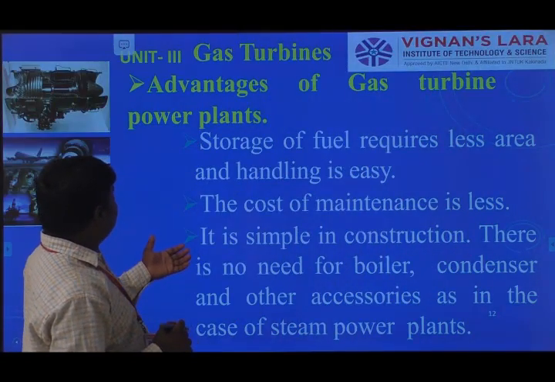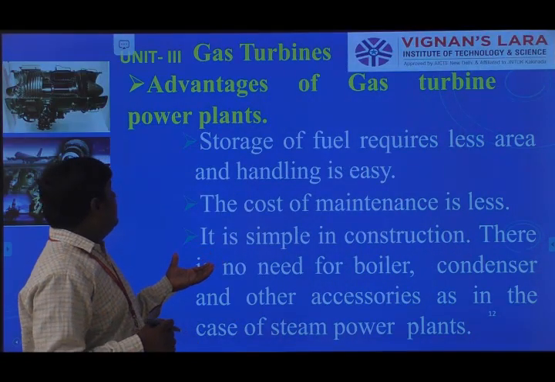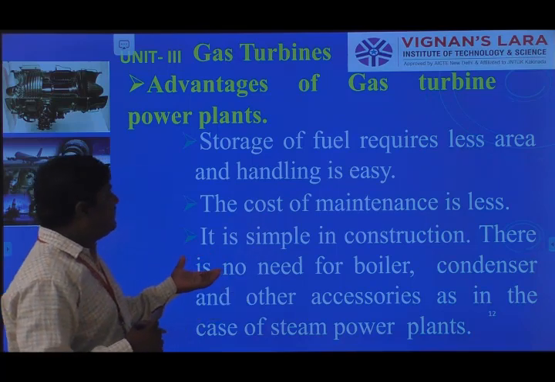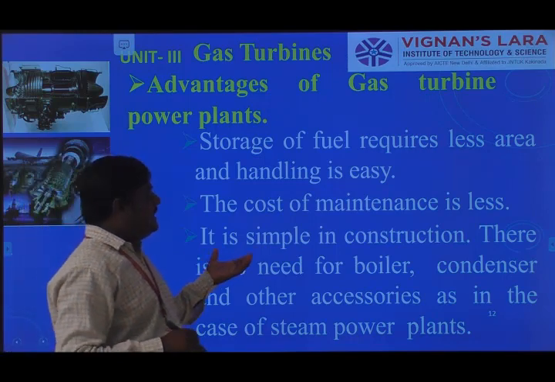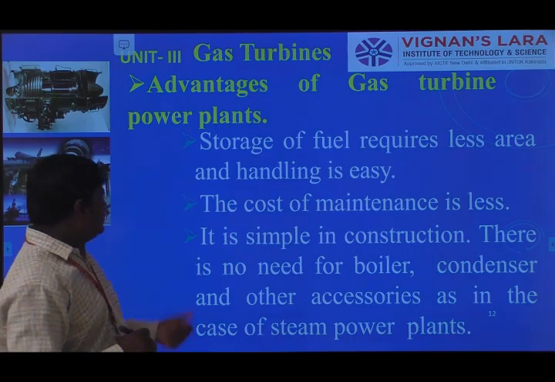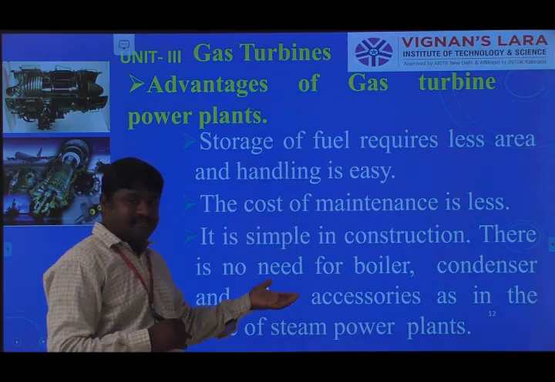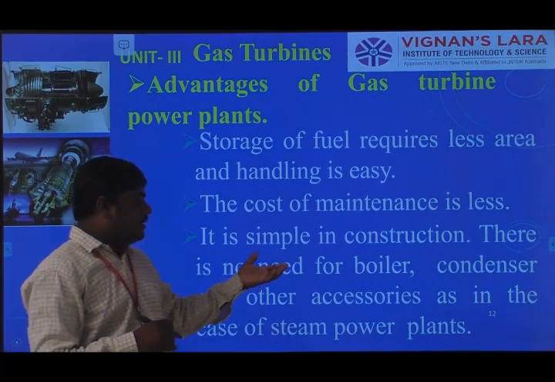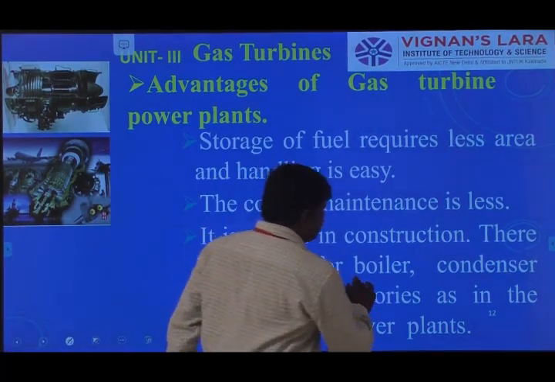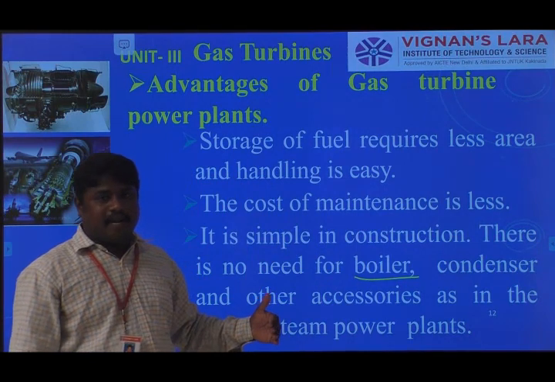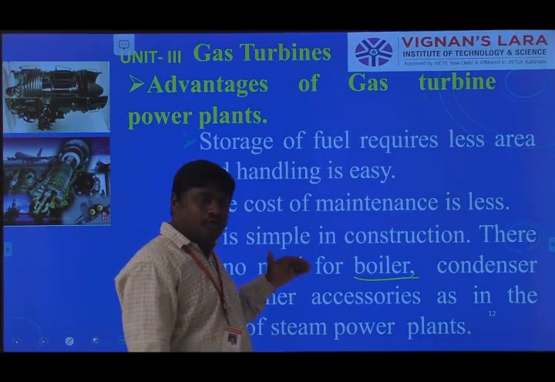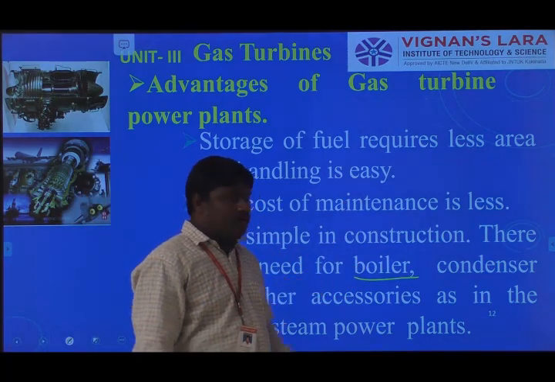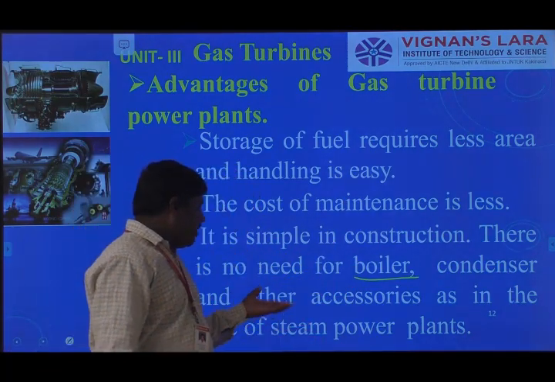Now some advantages of gas power plants. The storage of fuel requires less area and handling is easy. The cost of maintenance is less, and it is simple in construction. There is no need for a boiler because this is a gas turbine plant, whereas steam power plants need a boiler, a condenser and other accessories.